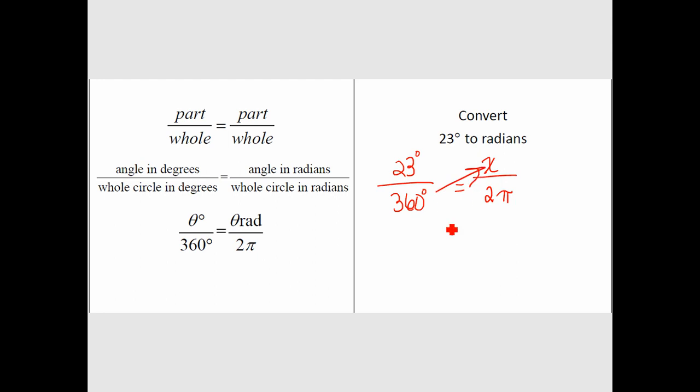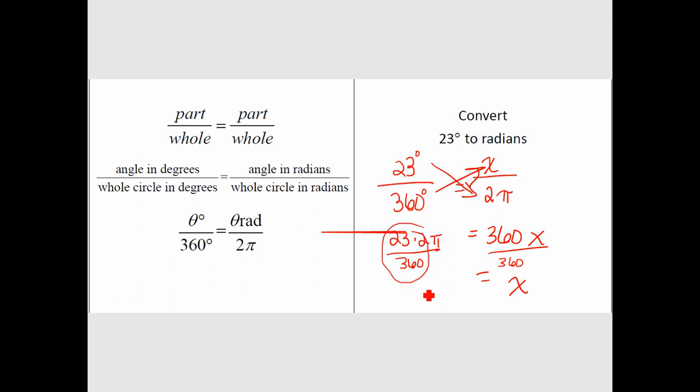Now if I cross multiply here to solve for x, 23 times 2 pi, of course that's going to be a gross decimal. 360 times x over here, and 23 times 2 pi over here. And then to get the x alone, I would just divide by 360. Now, rather than go to my calculator right here, one thing to recognize is I can just leave that pi alone and just deal with the 23 times 2, which is 46 pi over 360.